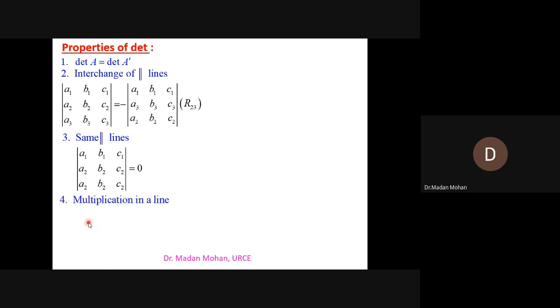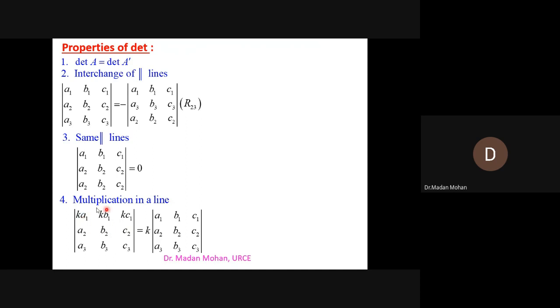Multiplication in a line, please. Line means either row or column. Suppose a line, here a row, is a multiple of k. You can take k common from a determinant, please. The reason is very simple.